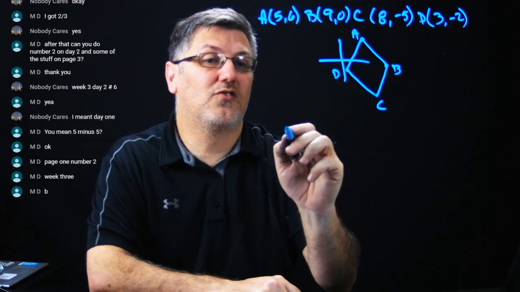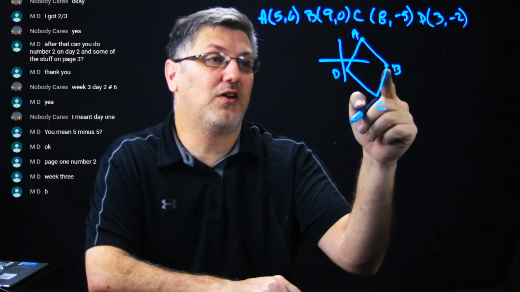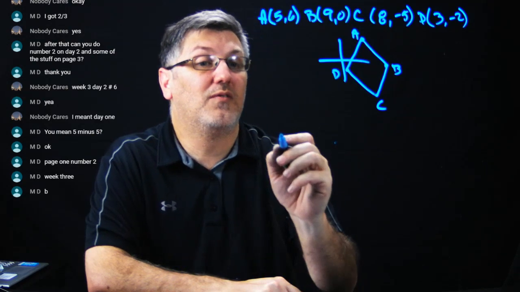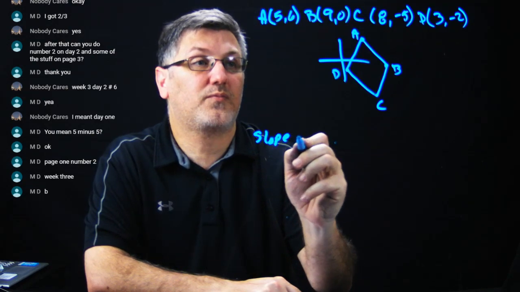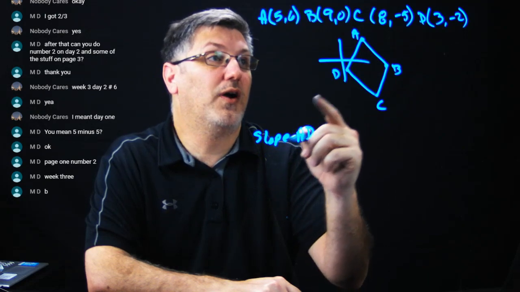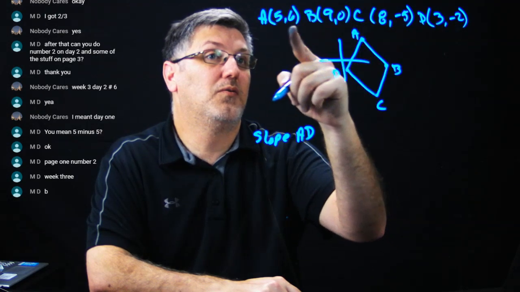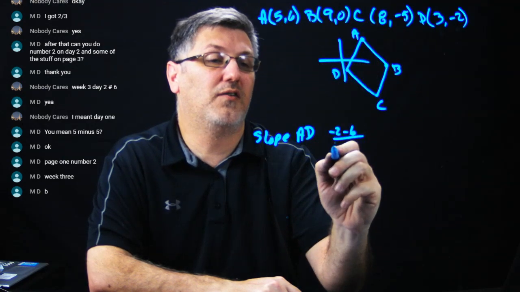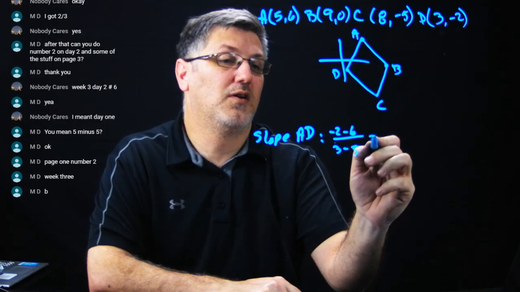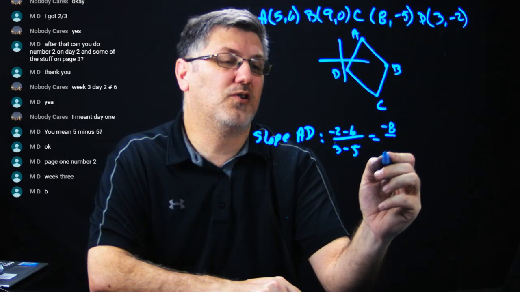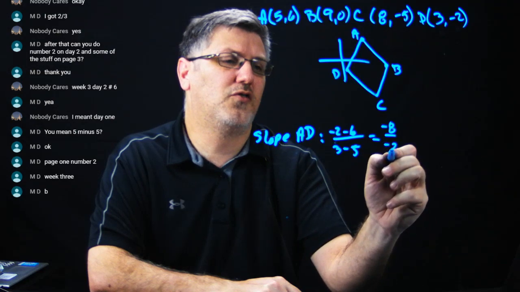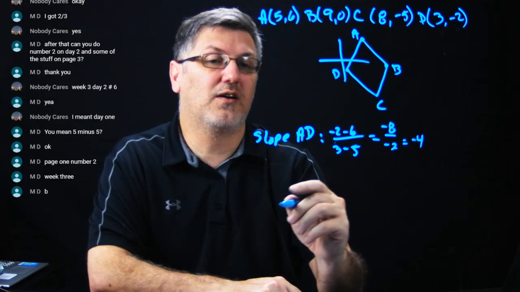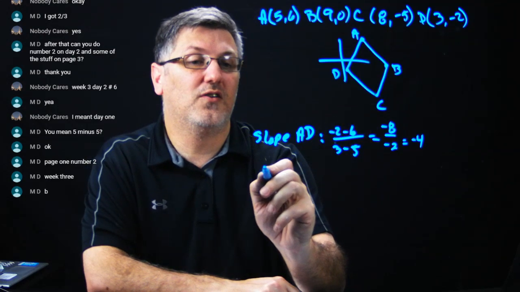So let's do AD. So I know that the slope of AD has to be the same as the slope of BC. So slope of AD: -2 minus 6 over 3 minus 5. This gives me -8 over -2, which gives me -4. Is that right? So let's find slope of BC.